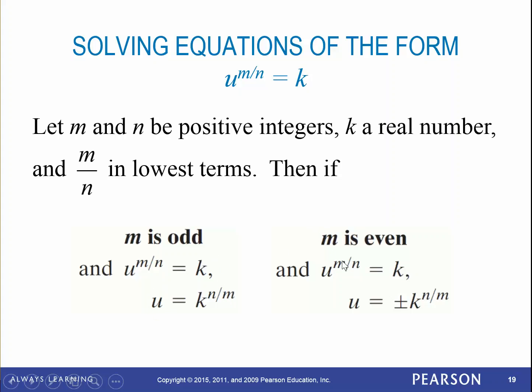If m is even, we've got ourselves a little problem. Because, again, that little situation could have originally been a negative or it could have been a positive. We don't know. And that's our problem. Let me at least give you a quick illustration.